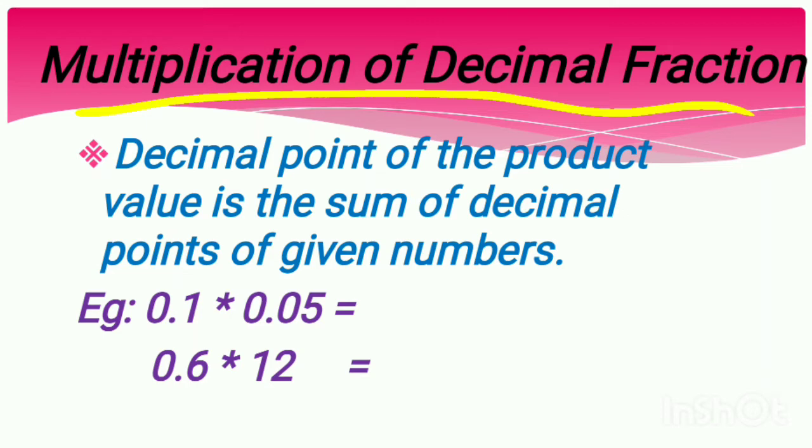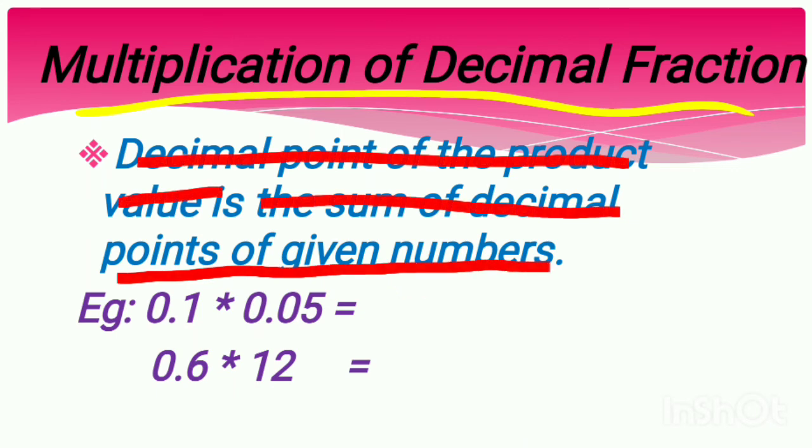For keeping the decimal point we have one property: the number of decimal places in the product is nothing but the sum of the decimal places of the given numbers.